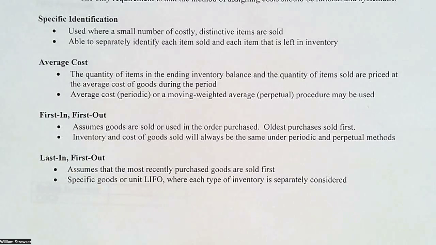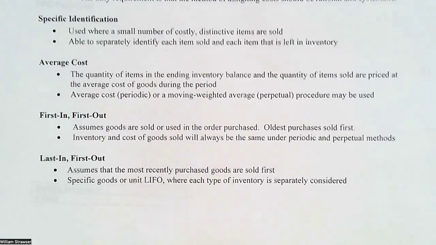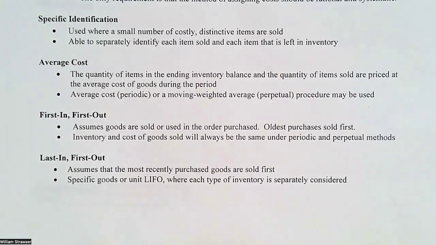Last in, first out, the exact polar opposite. That assumes that the most recently purchased goods are the things my business is selling first. So the things that are getting offloaded from the freight truck that just pulled into our dock, right? They're unloading those things. That is my most recent purchase.